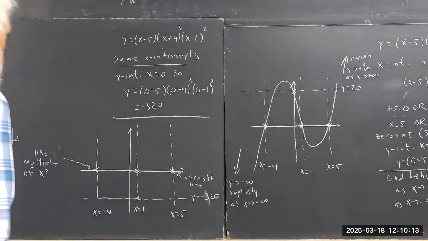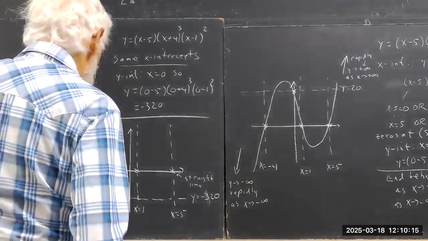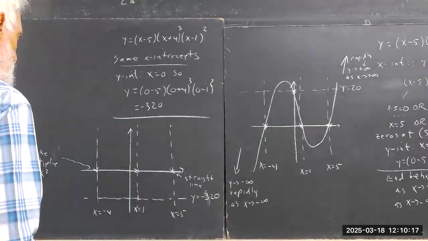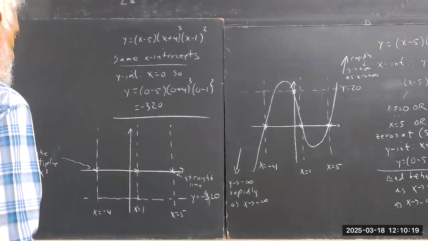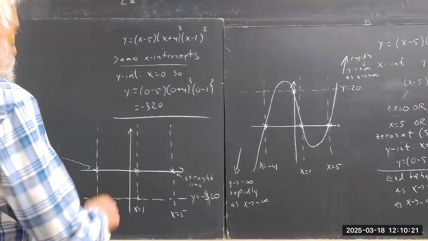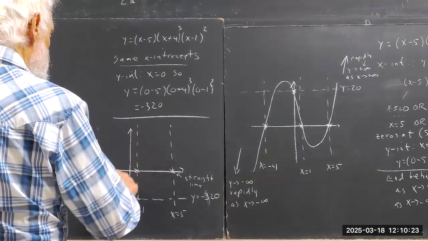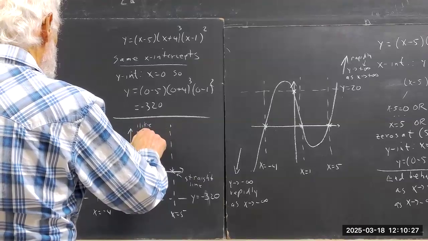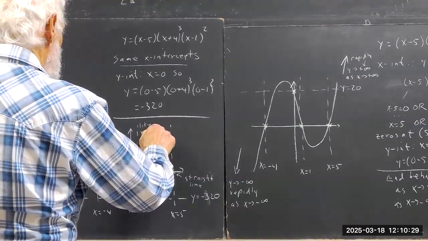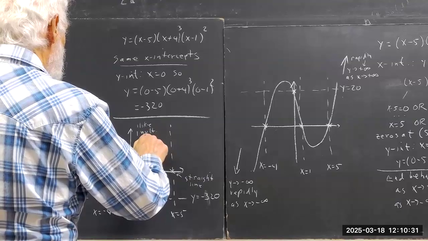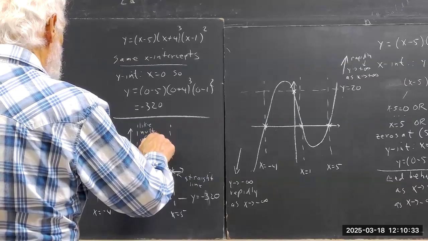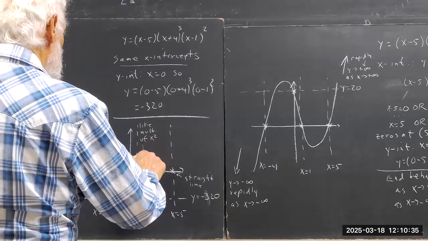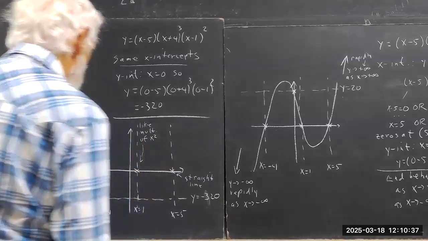So it's like a parabola, like a multiple of x squared at this point.